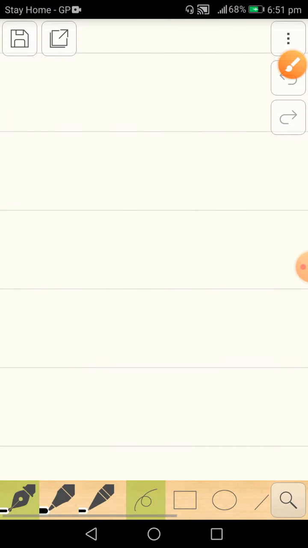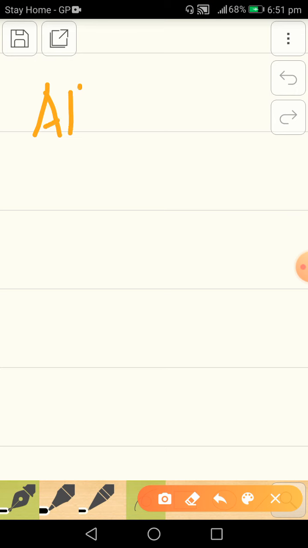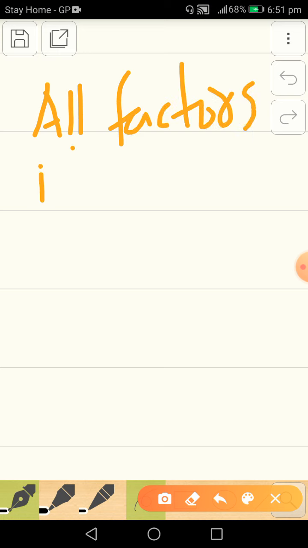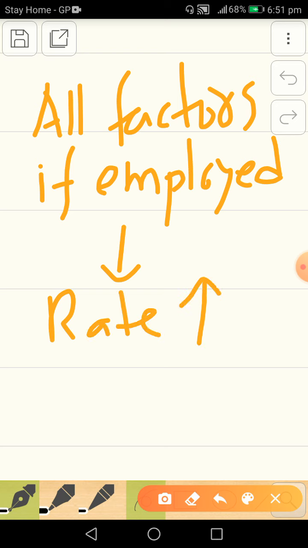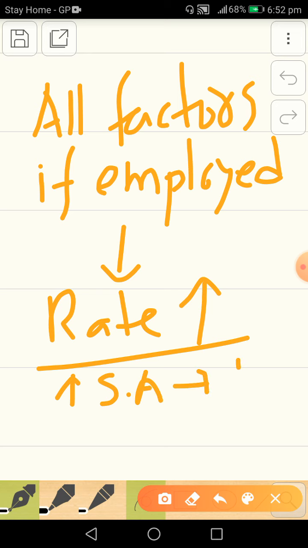So let's get to the factors. All factors, if applied more, would cause the rate of reaction to go up. That means the rate of reaction would rise. For example, if you increase the surface area, the rate would go high.